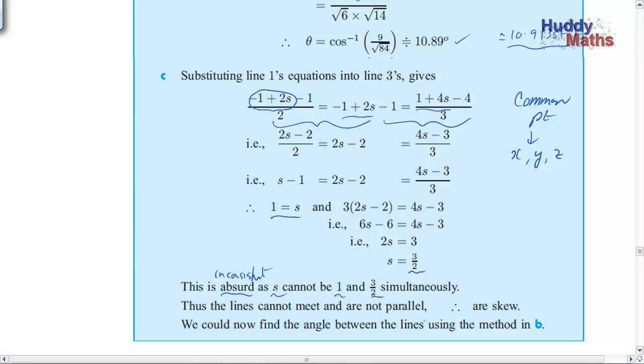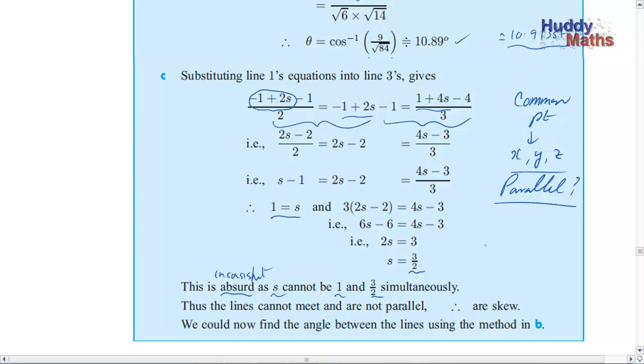So the two z's being equal requires a different s from the x's and the y's being equal between the two lines. So that's inconsistent. We should also check, though, because we're saying they're skew, were they parallel? We've said they don't intersect.